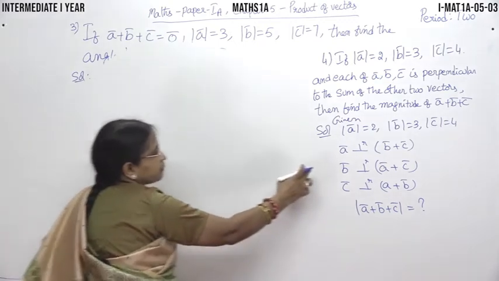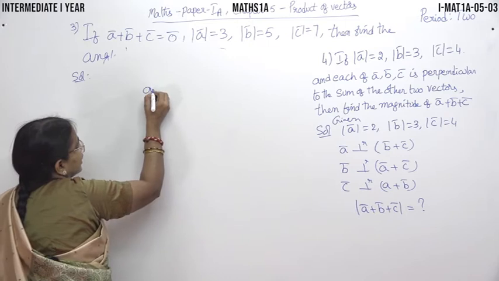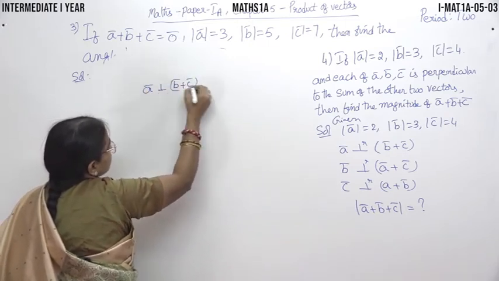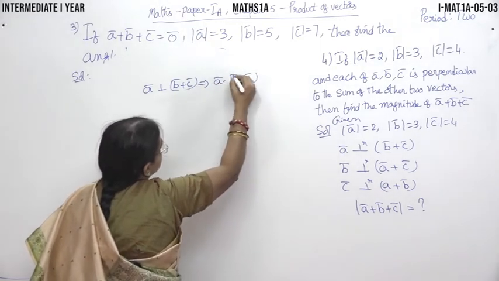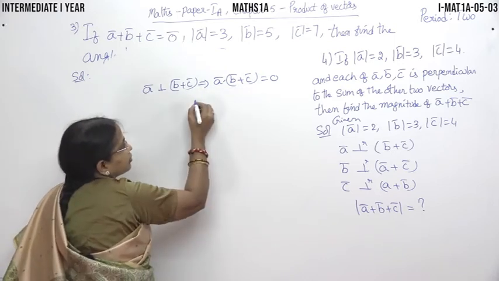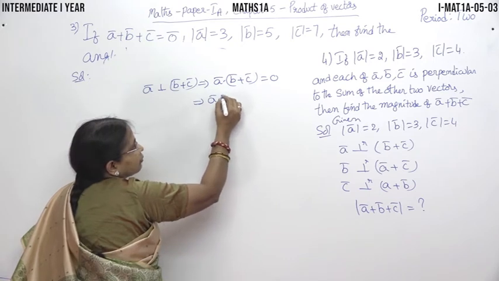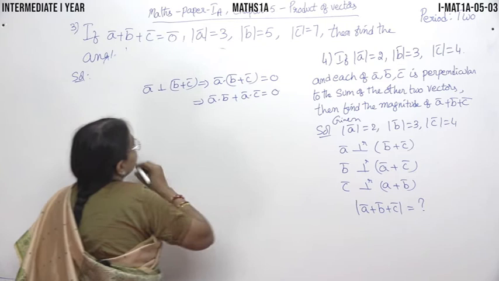You are given A is perpendicular to B plus C, no? So A is perpendicular to B plus C implies that A dot (B plus C) is equal to 0, because they are perpendicular, their dot product is 0. It is distributive, so A dot B plus A dot C is equal to 0.